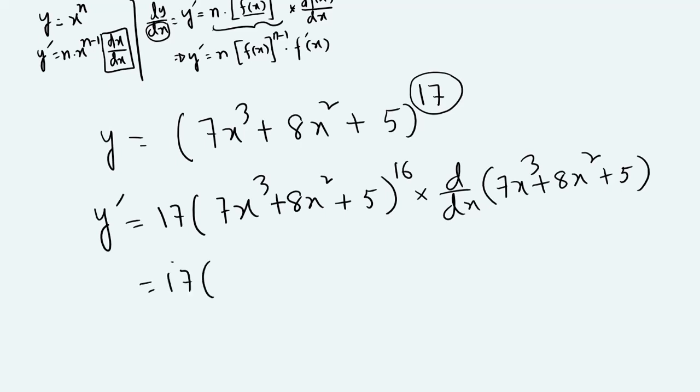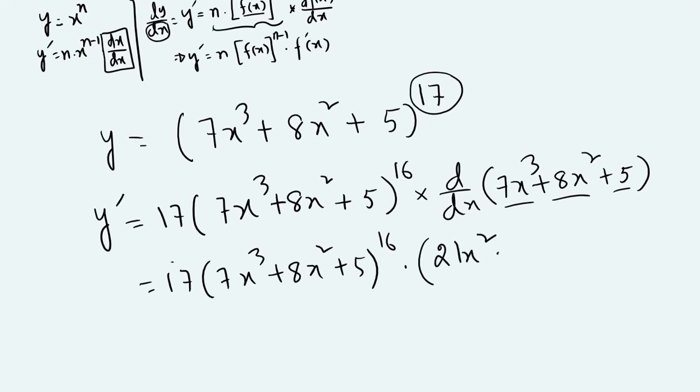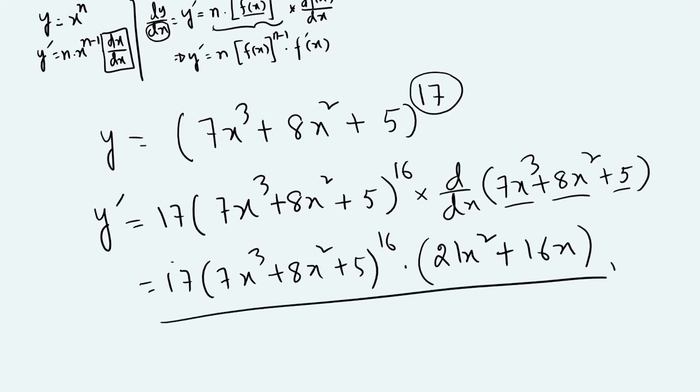One more line: (7x cubed plus 8x squared plus 5) to the power 16 times, if you apply the power rule here and here and the constant function rule here, you get 21x squared plus 16x. So this is a lot easier and more pragmatic approach when it comes to this situation.